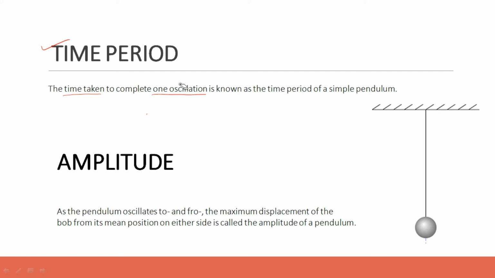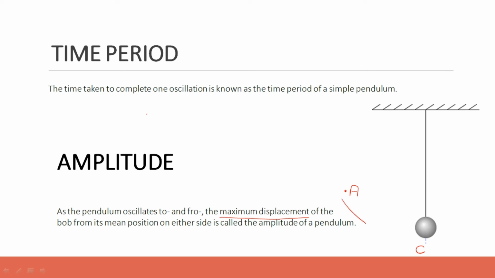Now the next topic is the amplitude. What do you mean by amplitude? Basically, amplitude is the distance, or you can say the maximum displacement on either side of the mean position. In our previous example, this was, let's say, point C, and this was the extreme point A. From this point till this point, the bob was going.